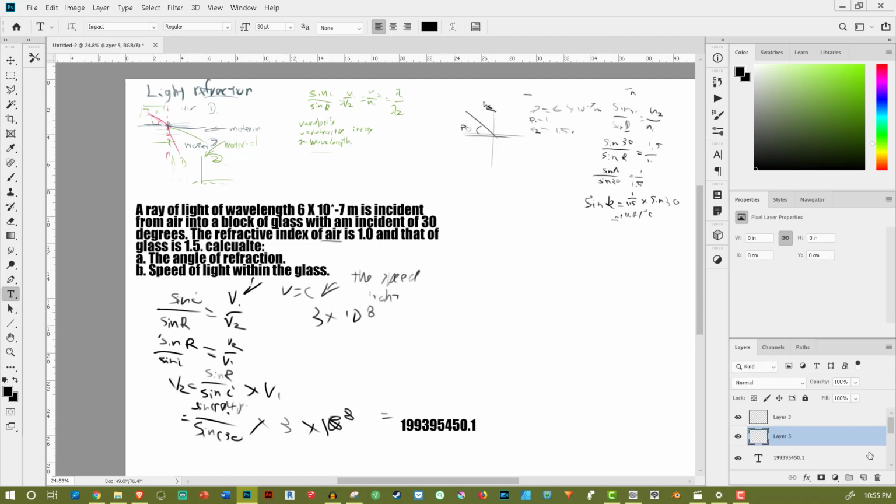So this is approximately 2 times 10 to the power of 8 meters per second.